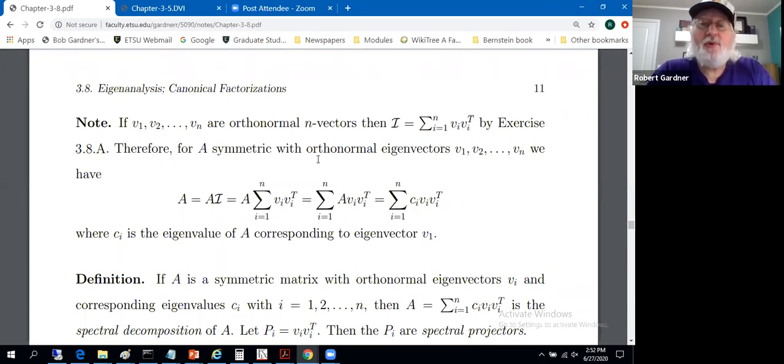So if A is symmetric, we know from the previous comment that it has an orthonormal collection of eigenvectors, say V1 through V sub n. So, having an orthonormal collection of vectors, we can do this kind of thing. We can take A and write it as A times the n by n identity. That identity can be represented as the sum of outer products of those vectors. We take the A and distribute it in, distribution of matrix multiplication.